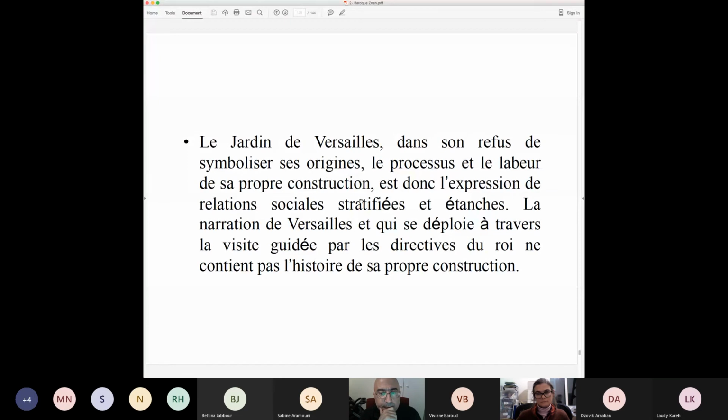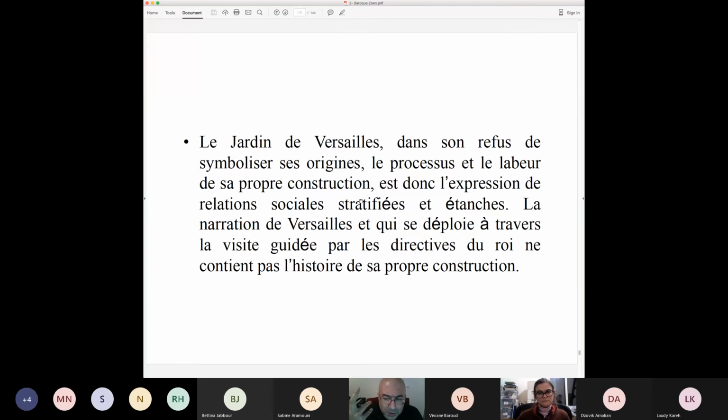the Garden of Versailles, in its refusal to symbolize its origins, in its refusal to indicate the process of its construction, and by extension, the people who constructed it, we don't know. We don't know who the laborers were. We might know. Some specialists might know.